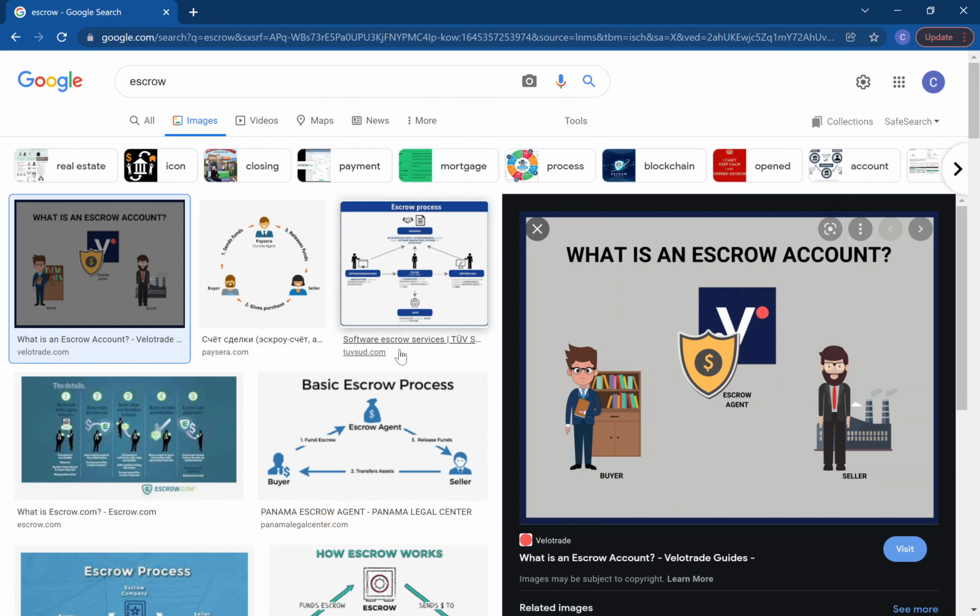We have two parties, buyers and sellers. The buyer wants to buy some property which the seller owns, and the seller wants to sell something, property, cars, no matter.